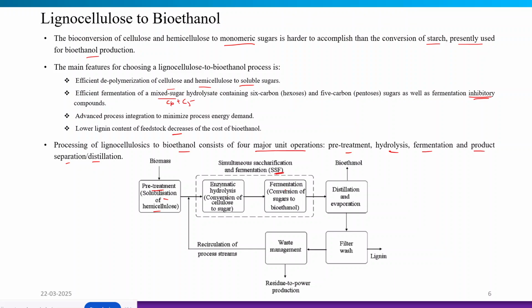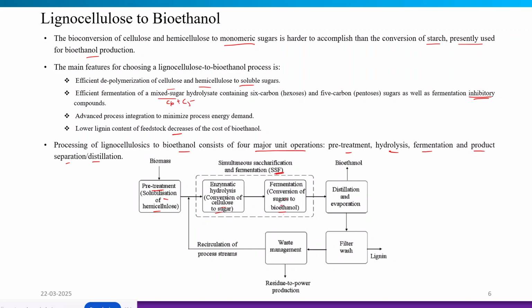There, enzymatic hydrolysis and fermentation occur simultaneously. Enzymatic hydrolysis converts the cellulose to simple sugars, and simultaneously the fermentation converts the sugars into bioethanol in the presence of various microorganisms.